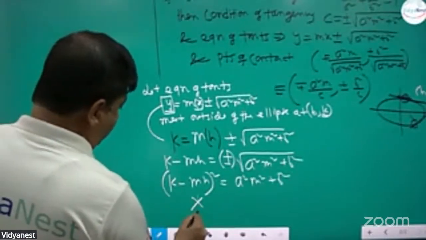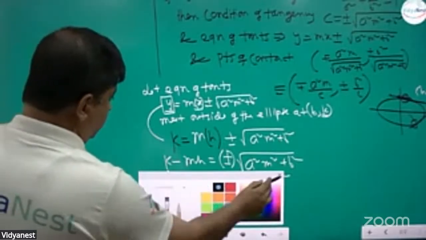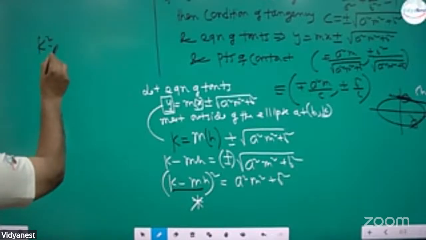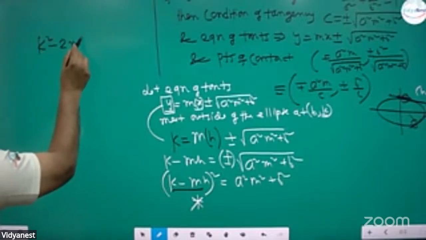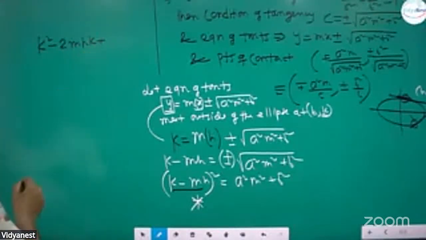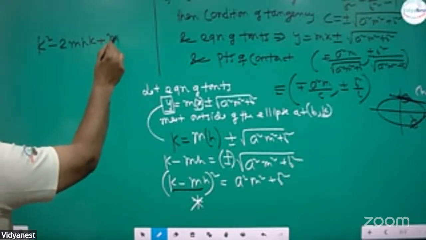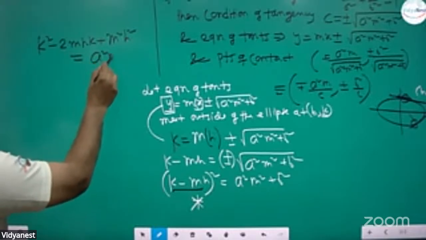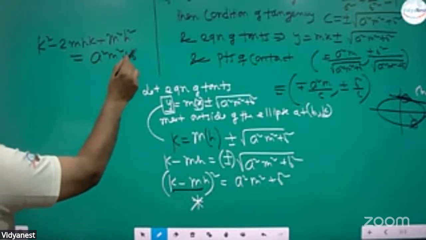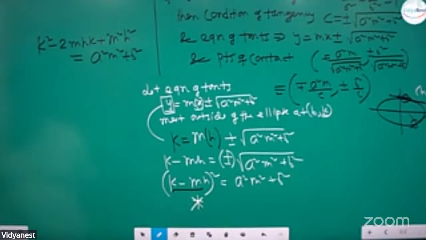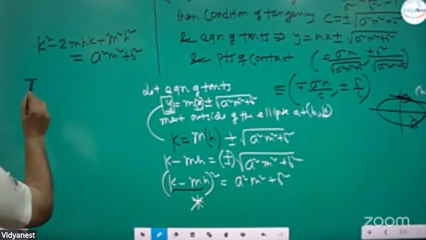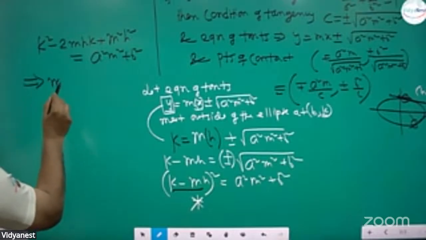After this stage, open it with (a minus b) whole square, a square. So you frame one equation in terms of m square.